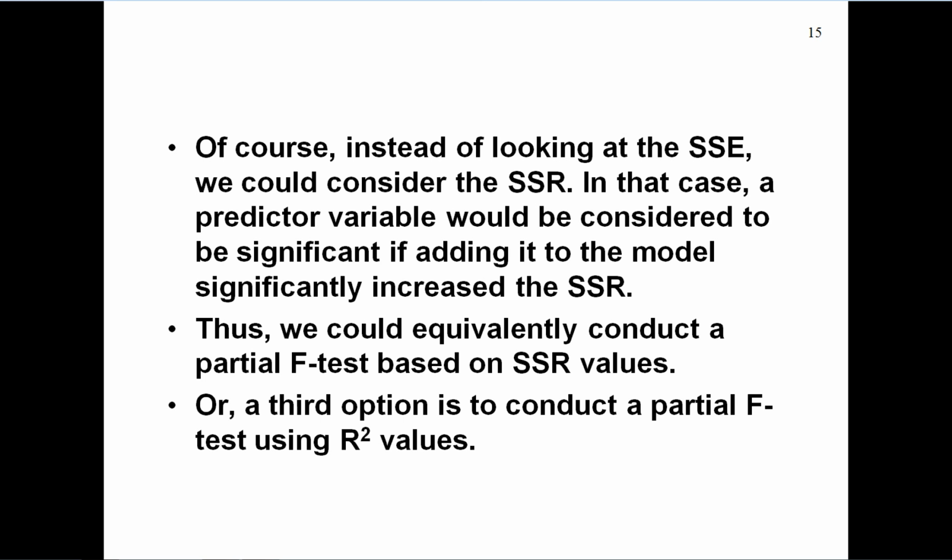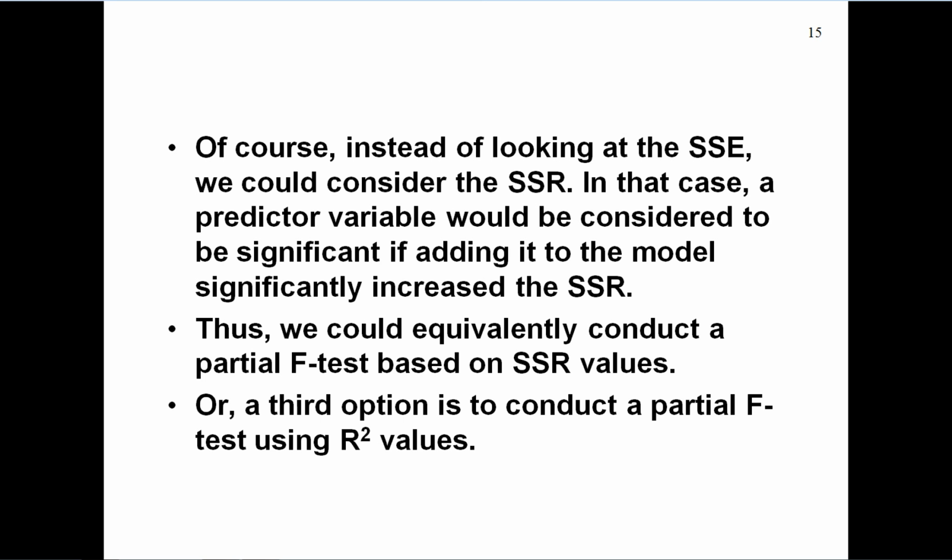If adding additional variables to a model appreciably increases the value of r squared, that would be a good thing. If, on the other hand, adding an additional variable or group of variables to a model does not appreciably change the value of r squared, then what's the use? We would not then want to add those variables.